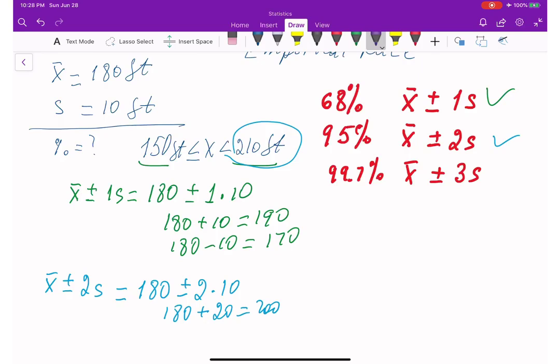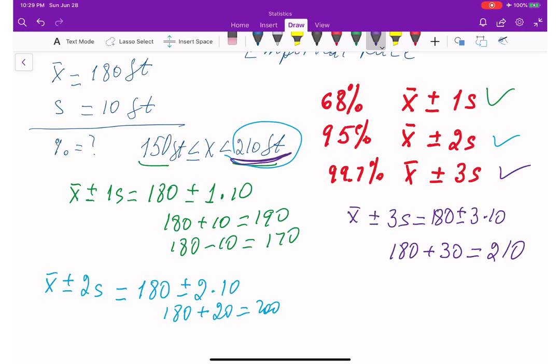And lastly, our last chance, we are going to check plus or minus three standard deviations. Following the same rule, x bar plus or minus 3s is 180 plus or minus 3 times 10. So 180 plus 3 times 10 is 30, which will be 210.